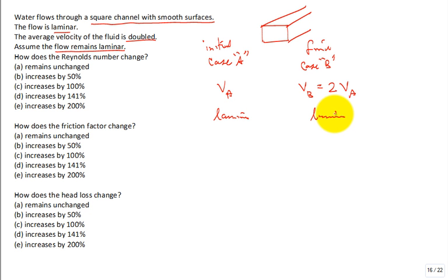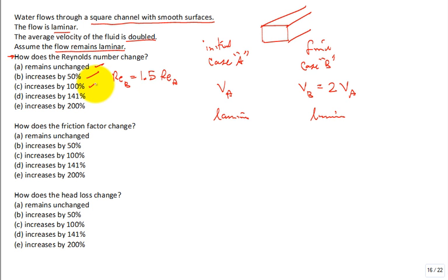So the first question is how does the Reynolds number change? Does the Reynolds number remain unchanged? Does it increase by 50%? What would that mean? That the Reynolds number for case B is 1.5 times the Reynolds number for case A, right? If it increased by 50%, then it's 1.5 times the original value.